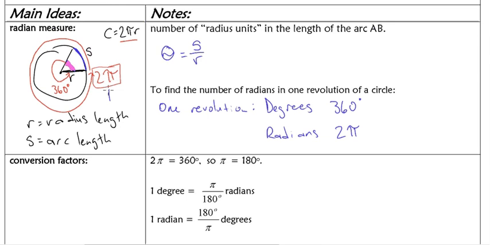If you're thinking of the entire circle, it's the entire circumference divided by the radius. That is the angle measure in radians. All right, and we'll play this out a little bit more as we go.